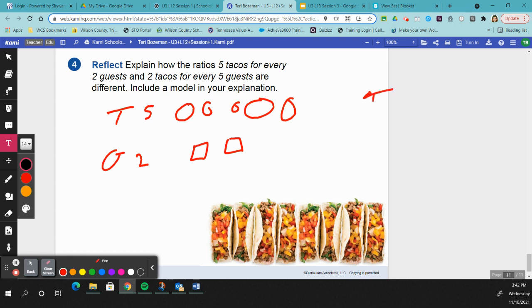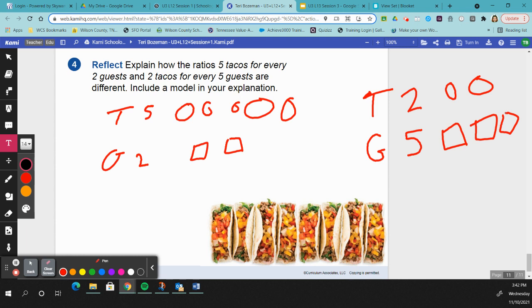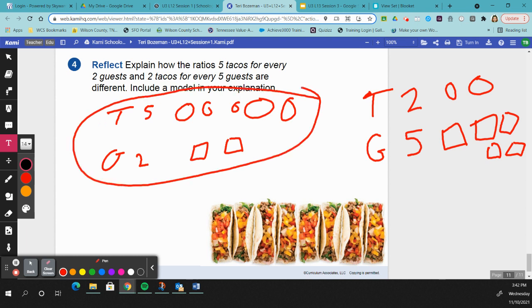So tacos being 2 for every 5 guests. Taco, guest. Sorry, wrong room. All right. So how are these two things different? How is 5 tacos to every 2 guests different than 2 tacos for every 5 guests? So you are going to explain how those two models are different.